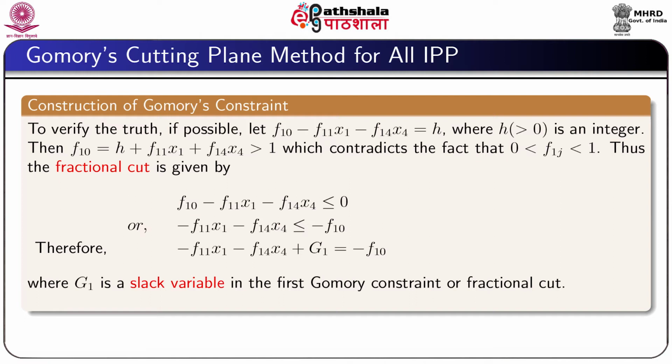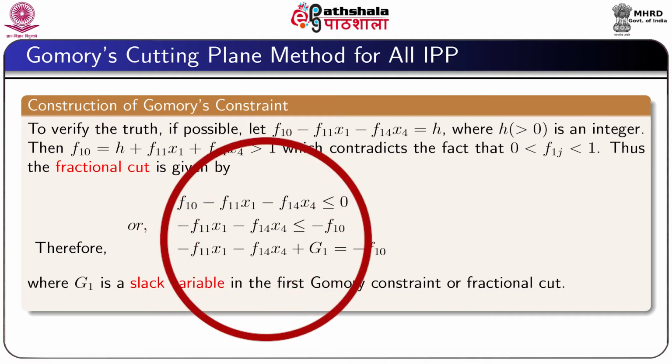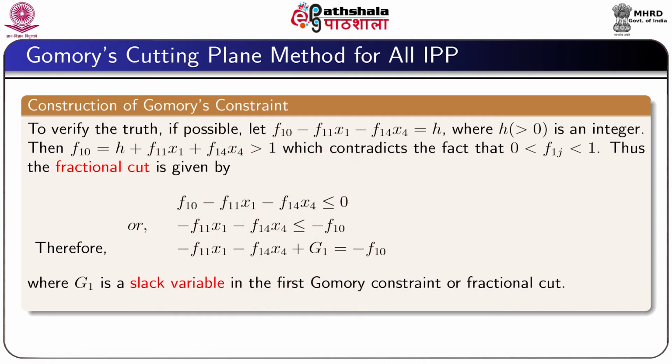Thus, we have the fractional cut F10 minus F11 x1 minus F14 x4 is less than or equal to 0, and this gives minus F11 x1 minus F14 x4 is less than or equal to minus F10, and this gives minus F11 x1 minus F14 x4 plus G1 is equal to minus F10, where G1 is called a slack variable, and by the name of Gomory we call it Gomory's slack variable.